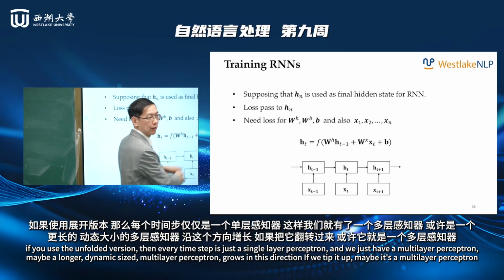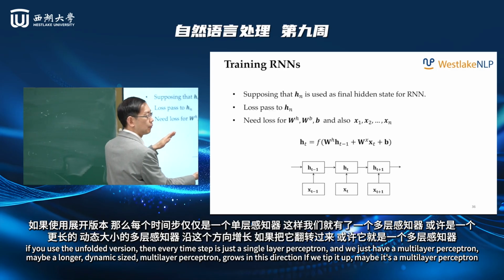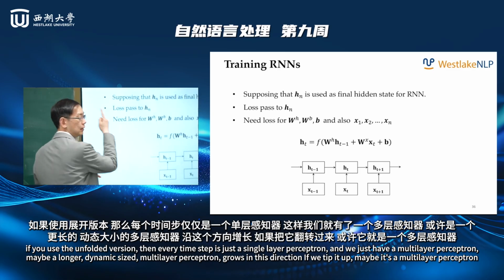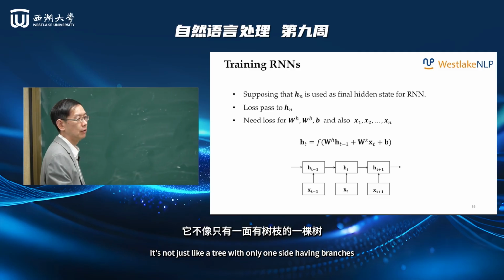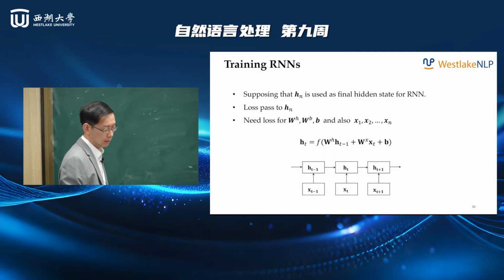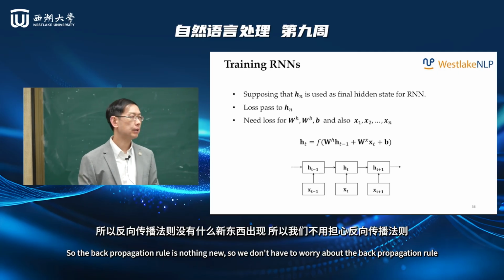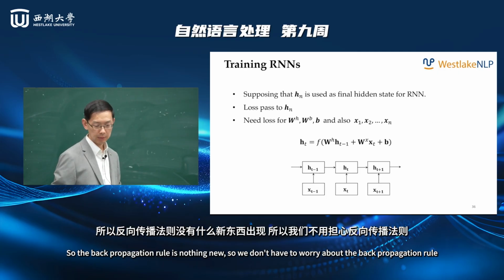It grows in this direction, okay. If we tip it up, maybe it's a multi-layer perceptron. It's just like a tree with only one side having branches. So the backpropagation rule is nothing new. So we don't have to worry about the backpropagation rule.